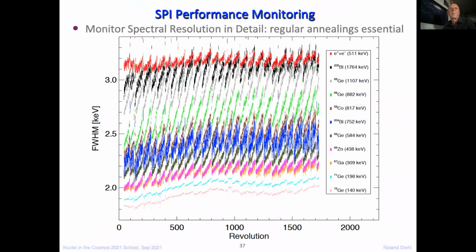So that tells you that background has to be well determined, and you have to know in detail the response of your instrument. On top of that, the cosmic irradiation of the detectors destroys actually the charge collection in the germanium detectors. And so you see here the spectral resolution as measured in some of these instrumental lines.